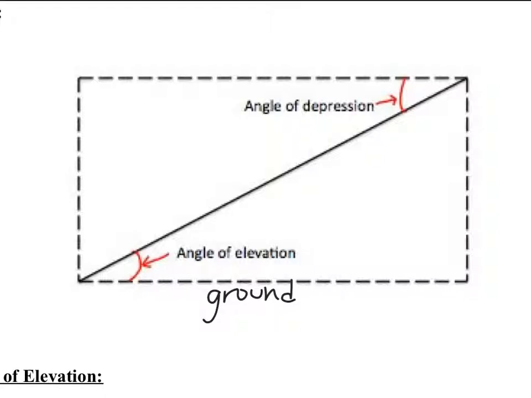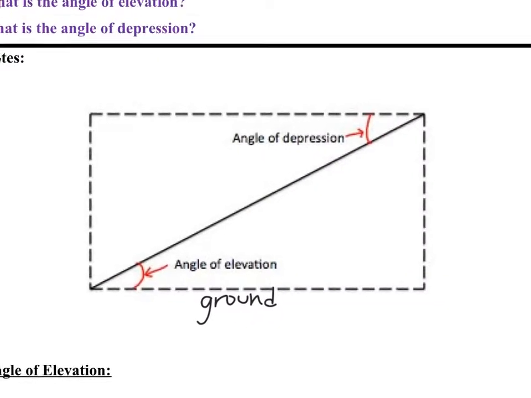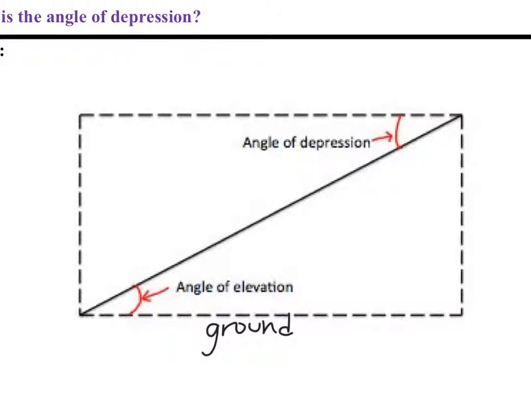And then we also have angle of depression. This line at the top that you see is typically a couple of things. It could be a line of sight. So like say someone is standing in the Statue of Liberty and they're looking out. That would be their line of sight.